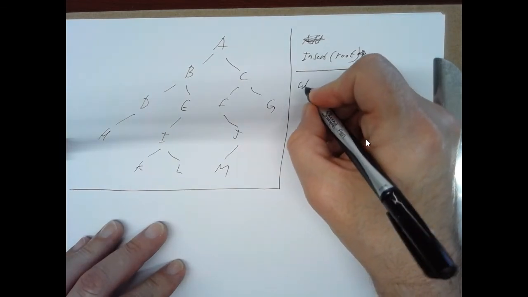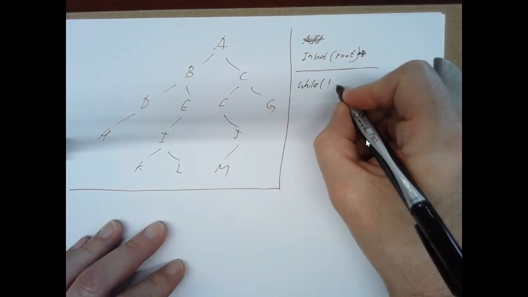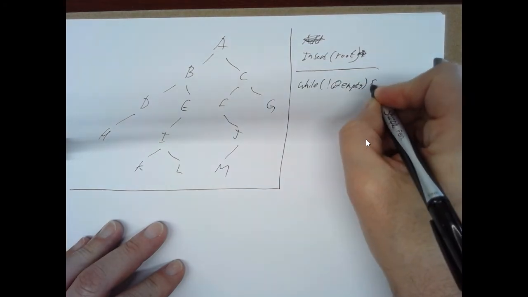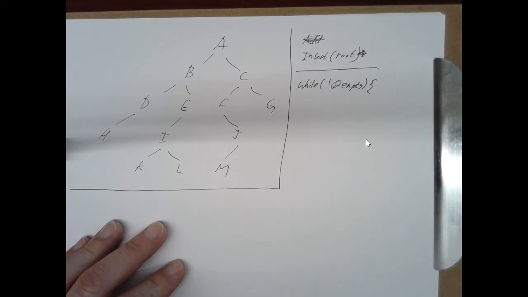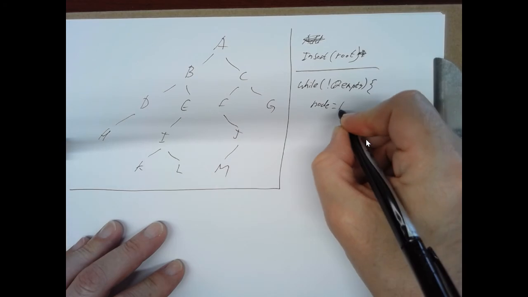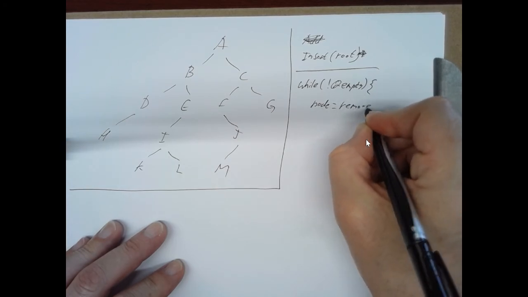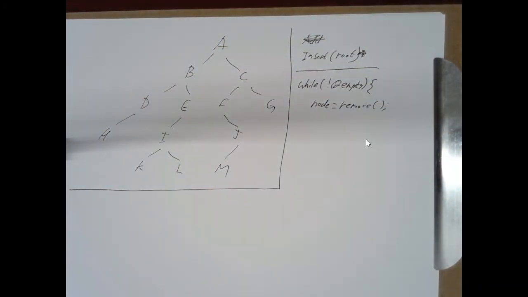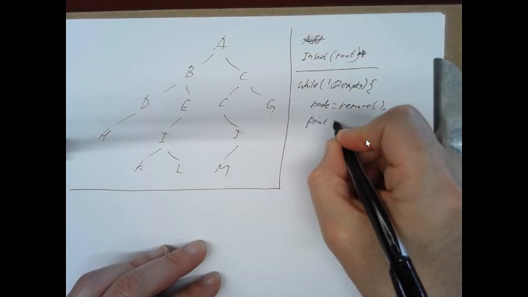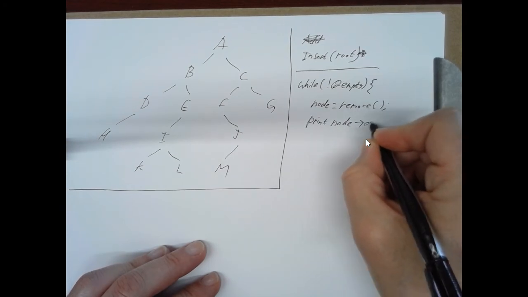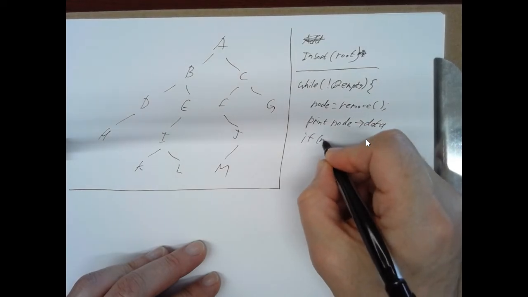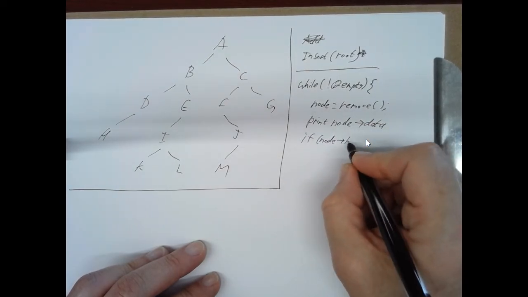So while not queue empty, so while there's stuff in the queue, remove one node from the head, print its data, and then add its children.